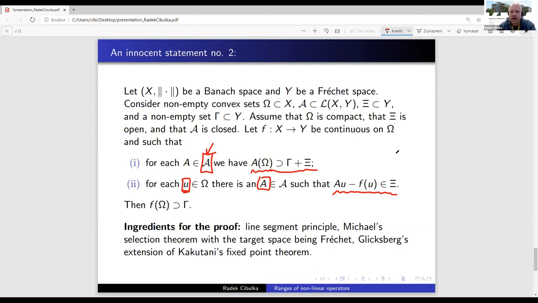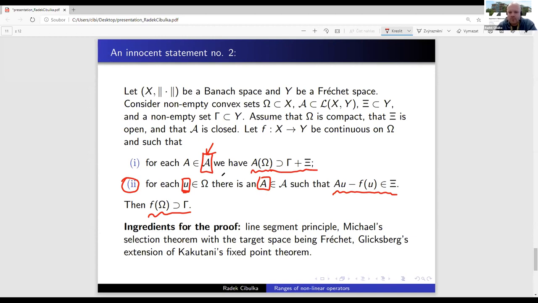So, for example, in case of generalized Jacobians or pseudo-Jacobians, this condition is connected with the mean value property. So, for example, the Clarke generalized Jacobian has the mean value property, so you can do this, and the conclusion is again something about the range of the nonlinear operators.